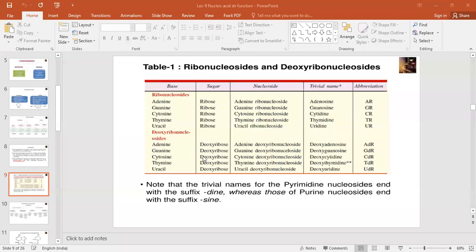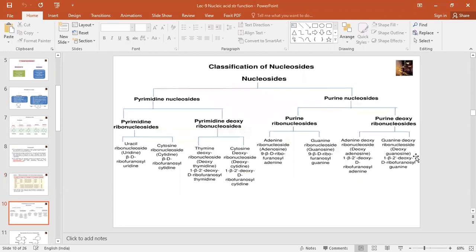Then thymidine, uridine. Deoxyribose means what? Only the sugar is deoxyribo. So the trivial names are deoxyadenosine, deoxyguanosine, deoxythymidine, excuse me, and deoxyuridine.